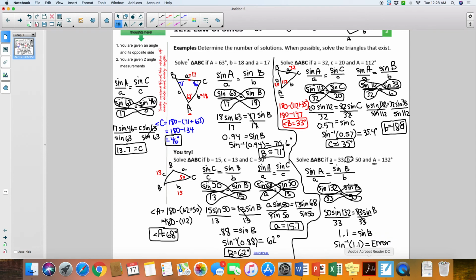All right, so the reason why is because, and I'm going to type this on the side in your notes section, the maximum value for sine and cosine both is 1.